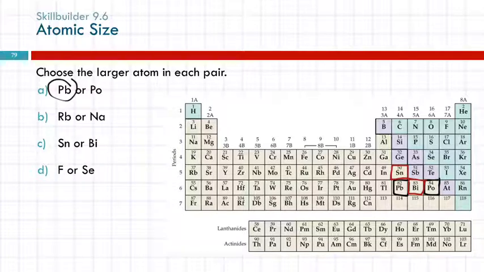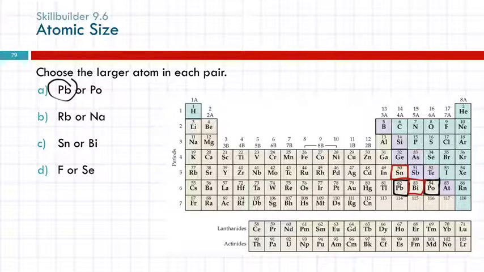So look at the two trends separately. So as we're going across, they're getting smaller. That would predict that bismuth is smaller. But the trend going down is that they get larger, and that one predicts that bismuth is larger. So those two contradict each other. This is an unfair question for Chem 3A. So can't tell on this one.